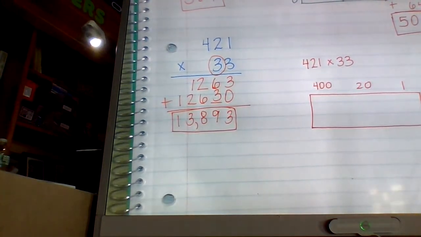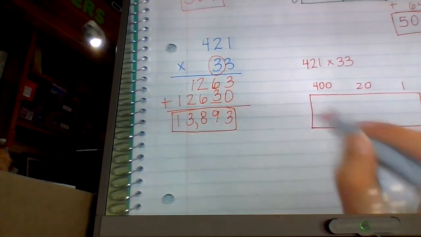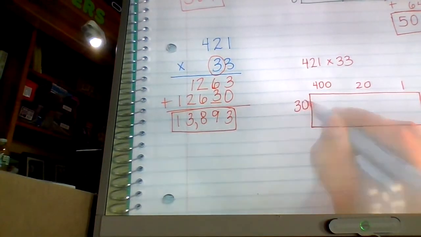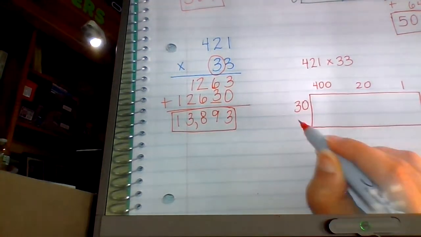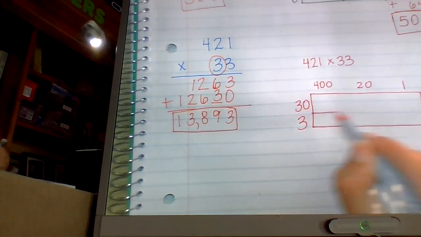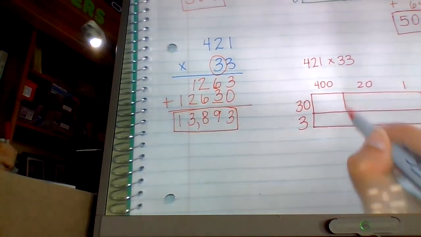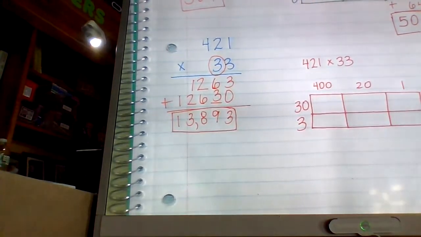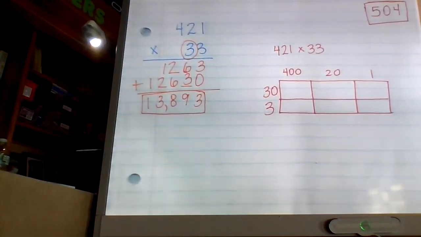Next, I'm going to expand my other factor, which is 33. I see 3 in the tens place, that's a value of 30. And a 3 in the ones place, that's a value of 3. So I'm going to split up these boxes as so. Okay, let me move this over a little bit. Beautiful. Okay, now it's time to multiply.